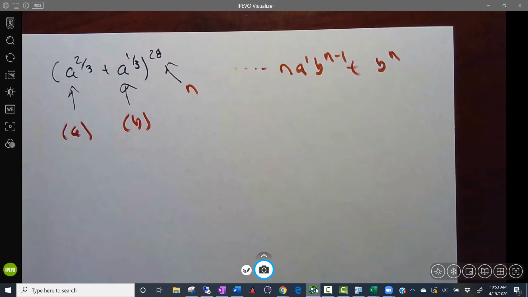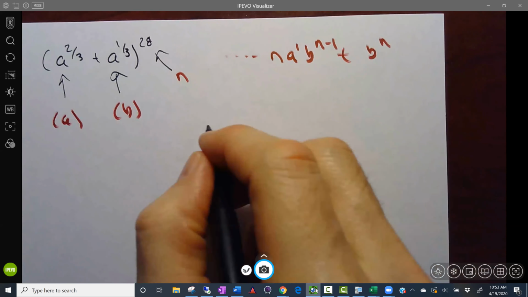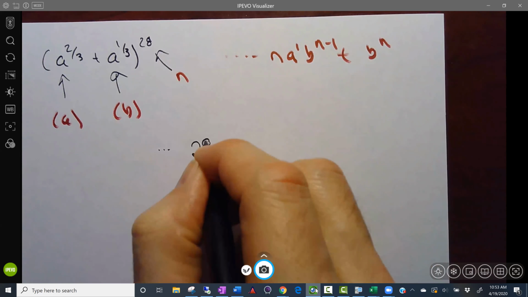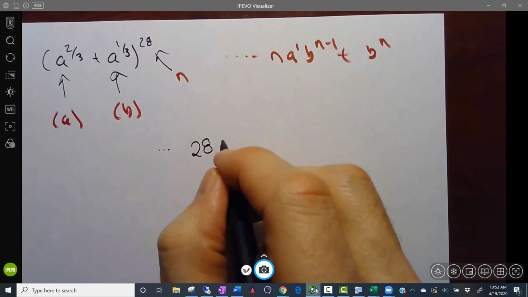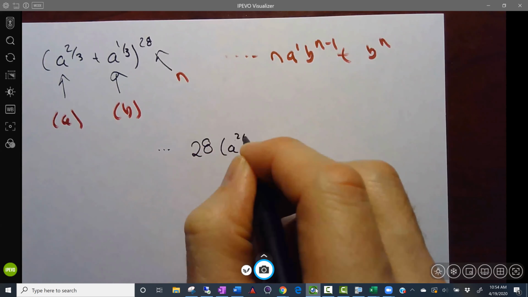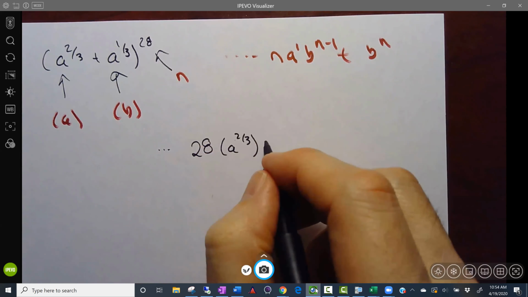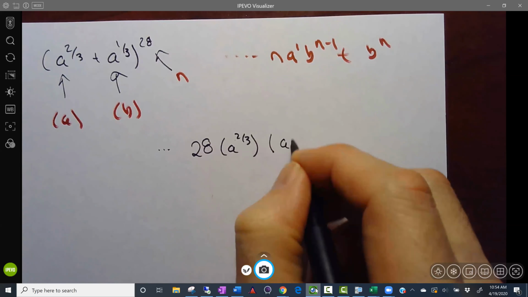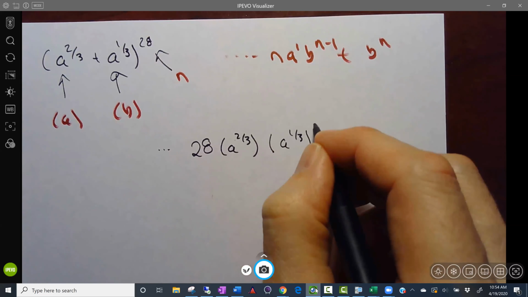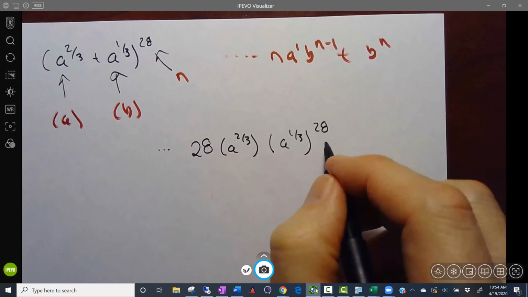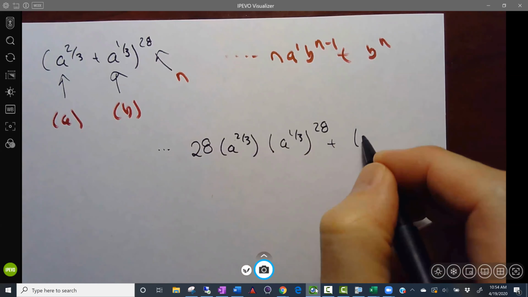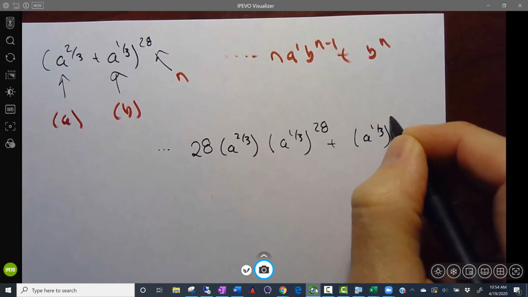So let's see if we can't figure things out. N is 28. So 28 times A, which is A to the 2/3, times B, which is going to be A to the 1/3 raised to the 28th. And finally, B, which is A to the 1/3 again, raised to the 28th.